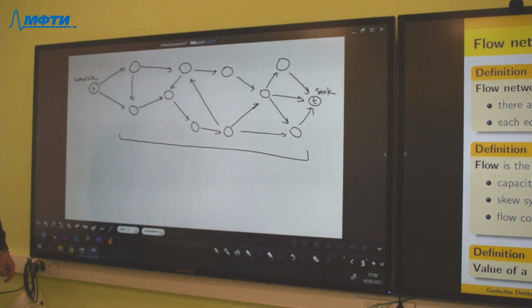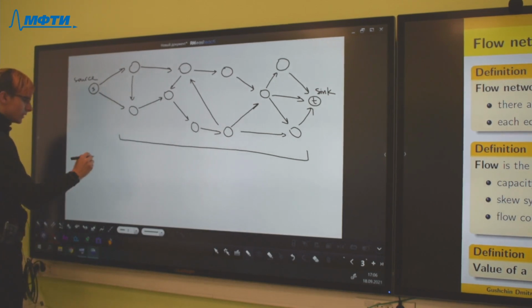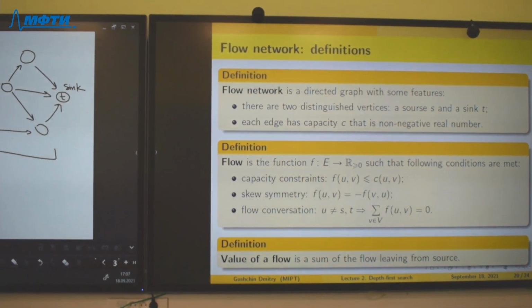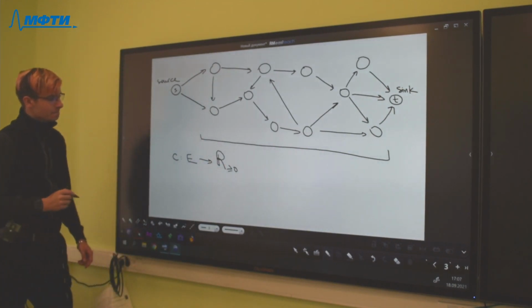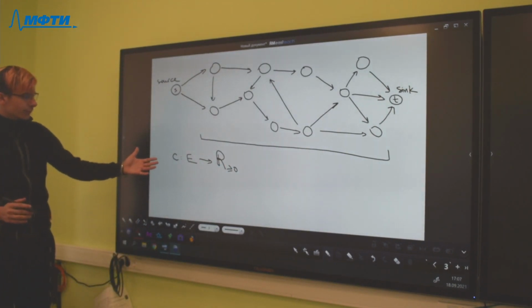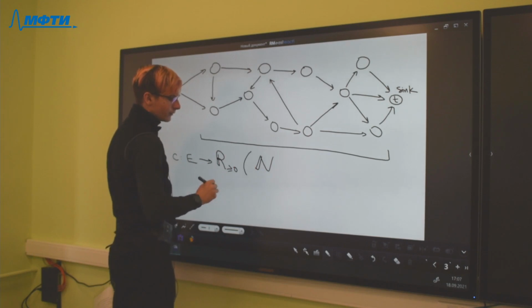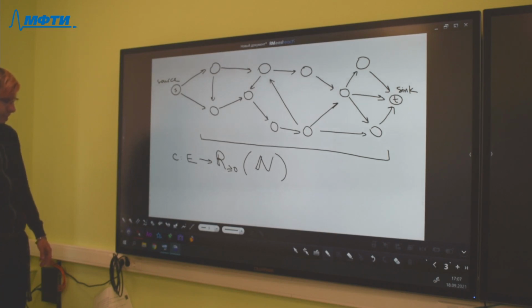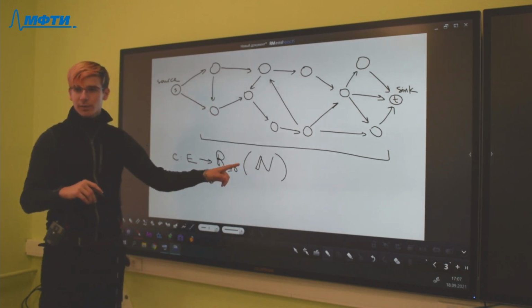Then the second important point of this class of graph is that each edge has a capacity. It is a function from edges to real numbers that are greater than or equal to 0. It can be any function, but of course the Ford-Fulkerson algorithm works with only integer capacities.